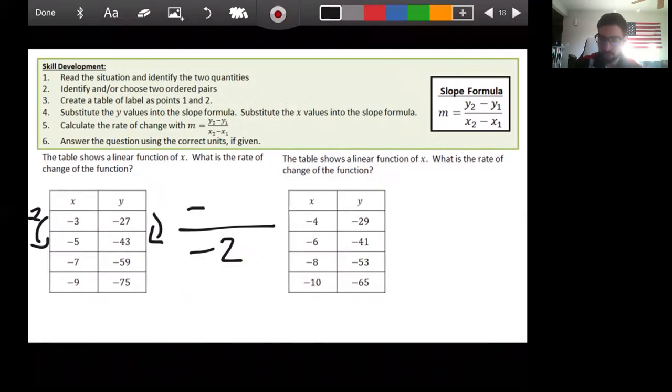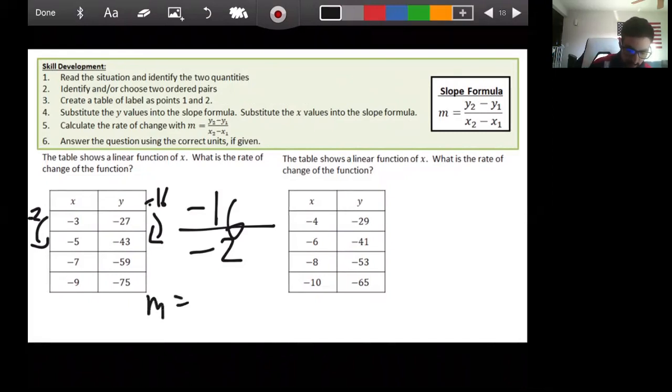So then I need to figure out the difference by subtracting, and we get negative 16. Because that was my change of negative 16, I'm going to put that up top like I did. Now I can simplify this. Negative divided by negative is a positive.